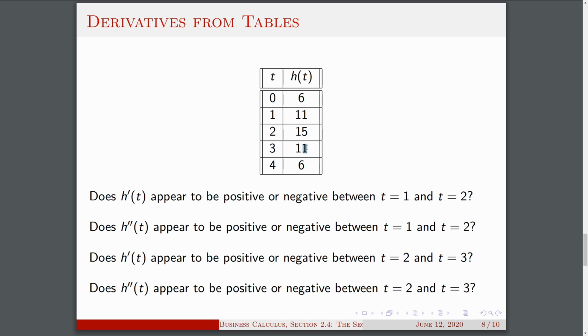So that's that. How about the second derivative between these 2 points? Do we think that's positive or negative? So you have to look at more than just these 2 points.